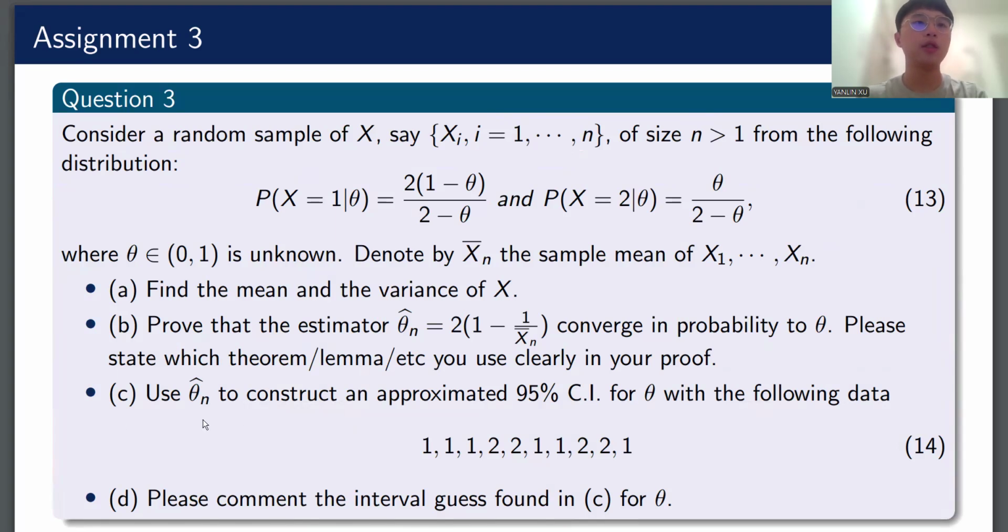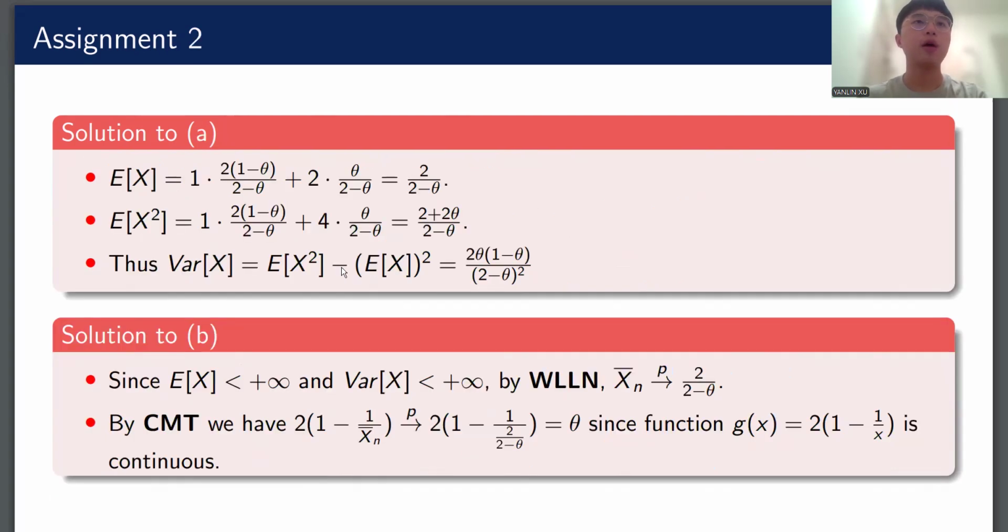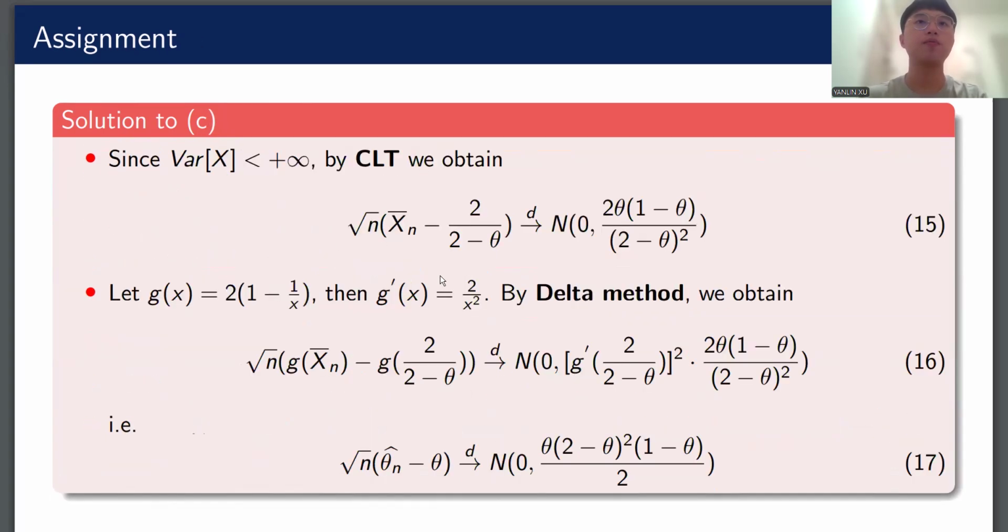Now, let's see the third question. We have to use the estimator in B to construct an approximated 95% confidence interval for theta with the following data. In progress, we know that the variance is finite by 1. By the central limit theorem, we can obtain that the sample mean converges in distribution to a normal distribution.